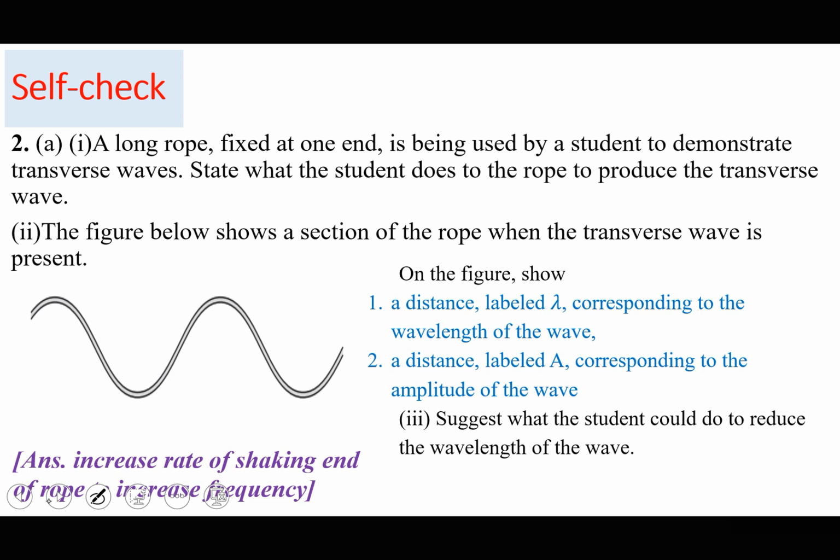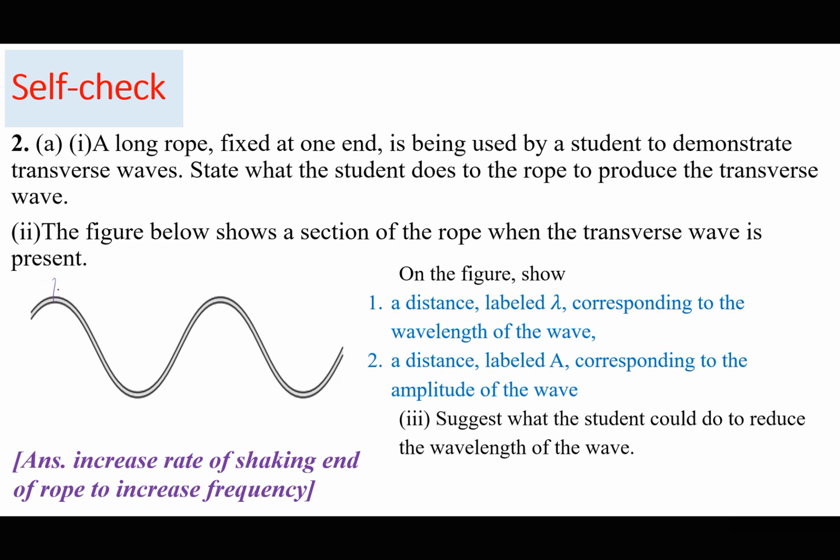I'll just give a hint here. A long rope fixed at one end is being used by a student to demonstrate a transverse wave. State what the student does to the rope to produce a transverse wave. Of course, it must be moved up and down. The figure below shows a section of the rope when the transverse wave is present. On the figure, show a distance labeled lambda corresponding to the wavelength.